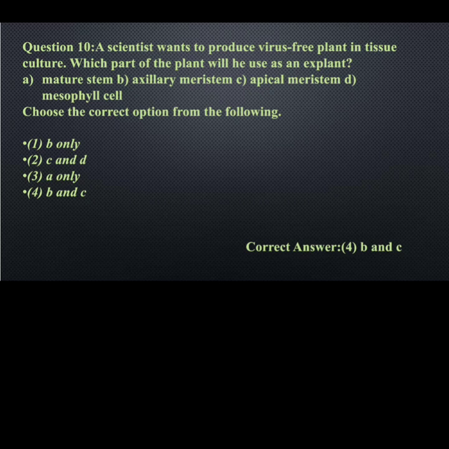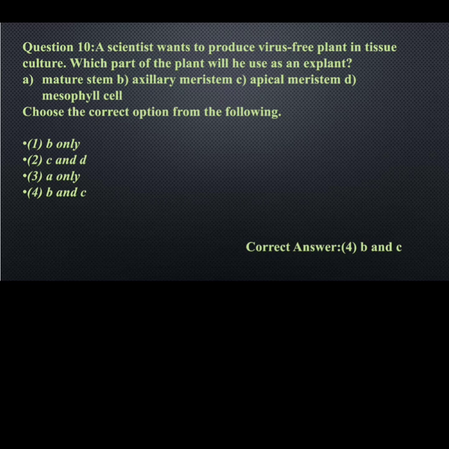Virus-free plants are produced in tissue culture using explants that are typically free of viral infection due to rapid cell division and lack of vascular connections. Mature stem often contains vascular tissues where virus can reside. So that is incorrect.